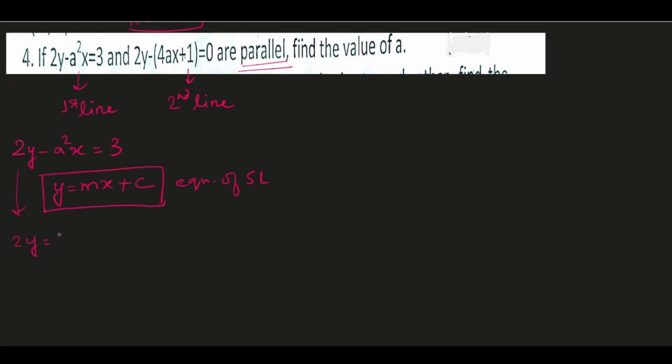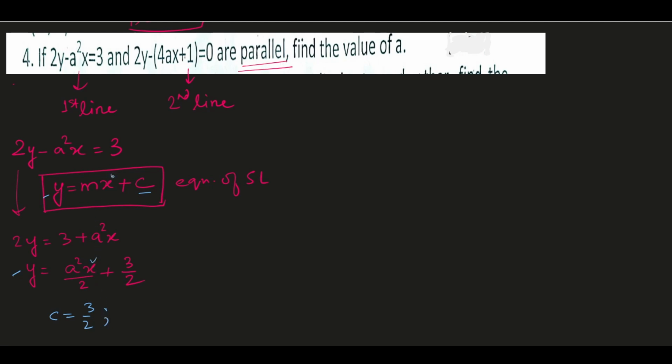2y will be equal to 3 plus a square x, or y is equal to a square x divided by 2 plus 3 by 2. Here y is y, it's the same. This c here is 3 by 2. So let's write c is equal to 3 by 2.